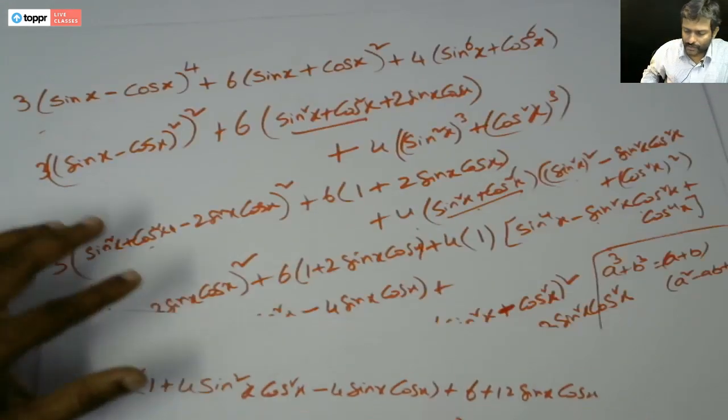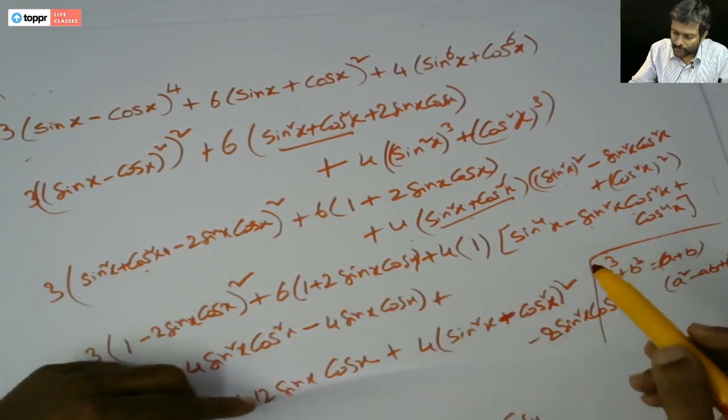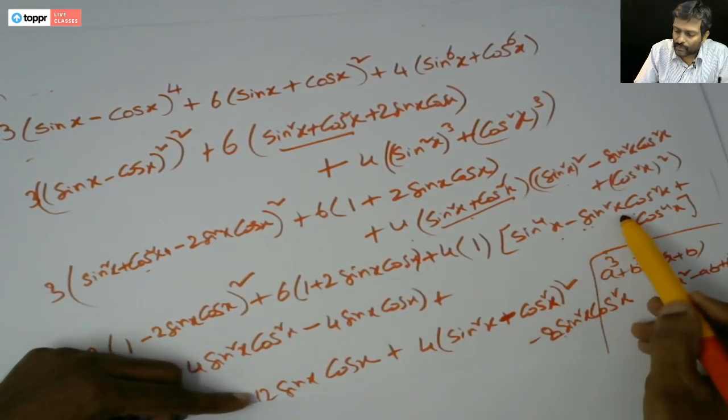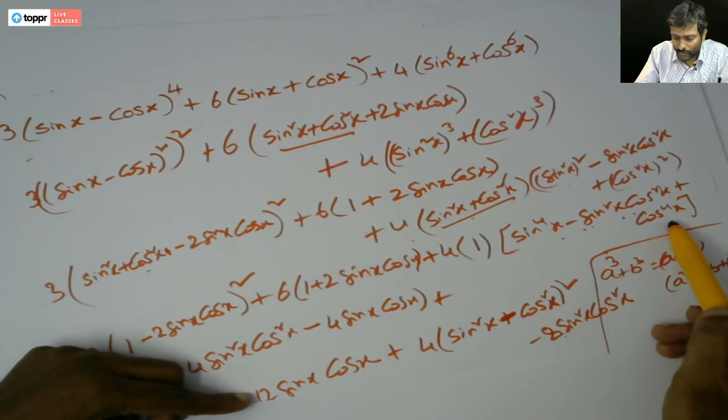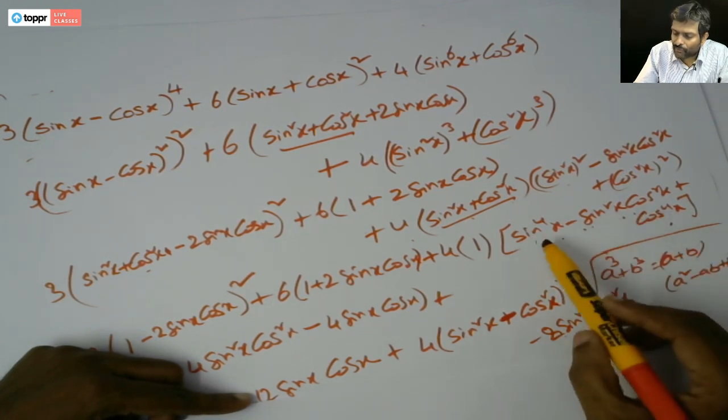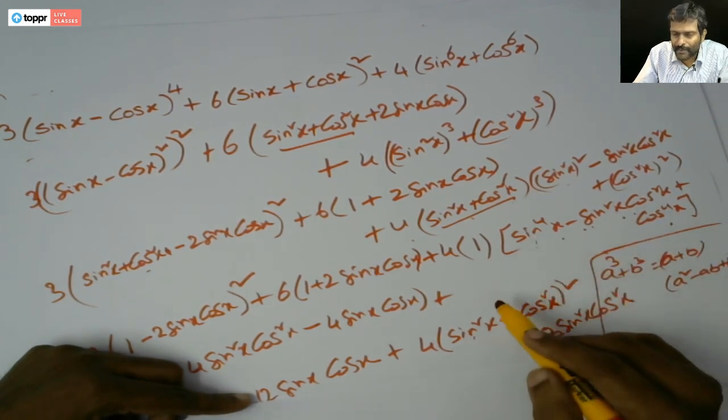I think you understood, right? Like here this sine power 4 minus sine square x cos square x plus cos power 4x, this one we are writing in the form of a square plus a plus b whole square.